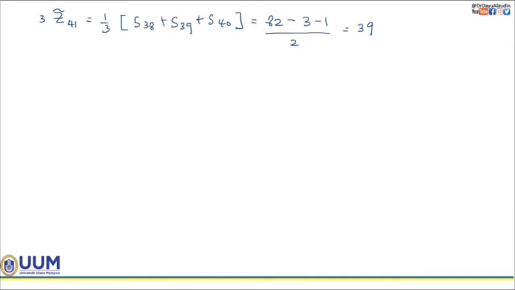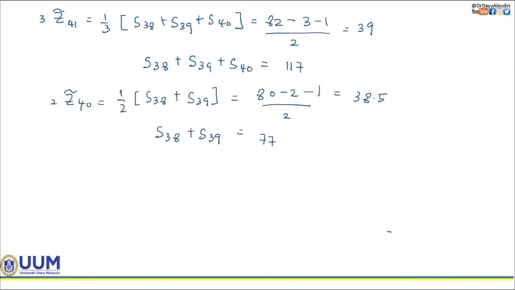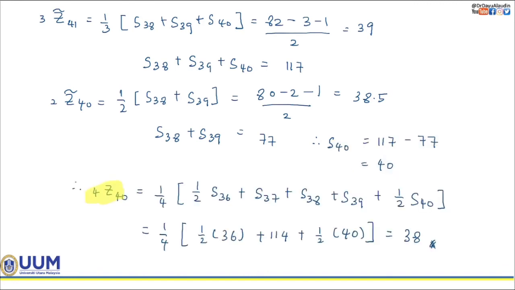Then we solve for the last 3 years at age 41. Same step as age 40. So then we substitute in the last 4 years average salary at age 40. So we get equal to 38. So we have to play around with the equation given.